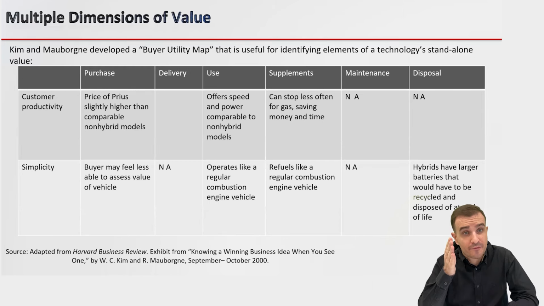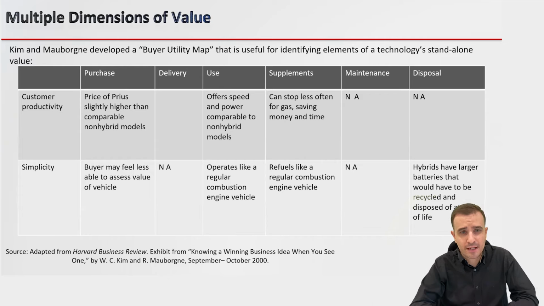We start from the first stage, which is the purchase. The second is the delivery. The third is the use, so how people use the product that they purchase. The fourth stage is availability of supplements, so other complementary products to be used together with our main product.